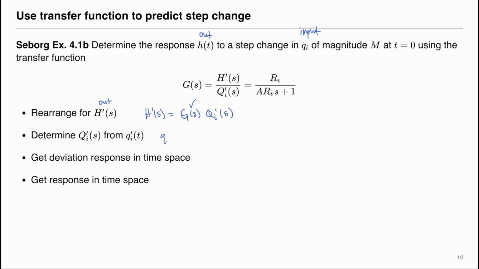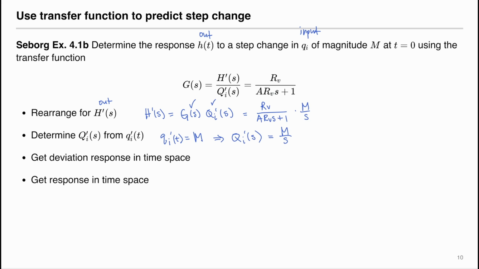But we do know that it is a step change, magnitude M, constant. So if we take the Laplace transform of that, it becomes uppercase, to be in the s domain, or the Laplace domain. The Laplace transform of a constant is the constant divided by s. We now have R V divided by A R V s plus 1 times M divided by s.